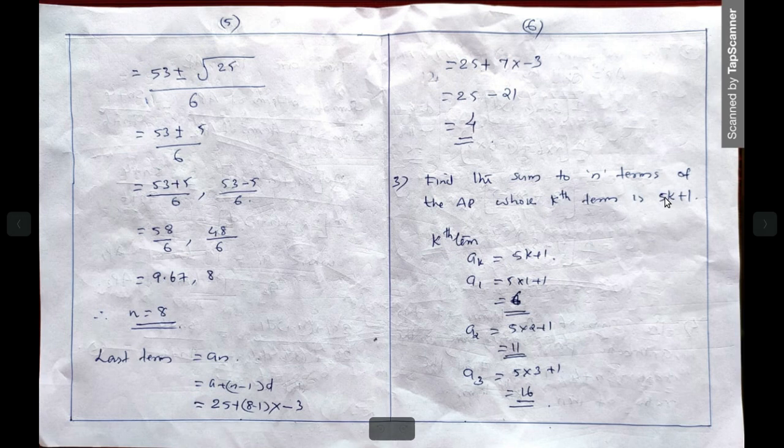Next question. Find the sum of 10 terms of the AP whose kth term is 5k plus 1. Here you are given the kth term, that is ak is 5k plus 1. When you replace k by 1, 2, 3, we will get a1, a2, a3. If you replace k by 1, then a1 is 5 into 1 plus 1, 5 plus 1, 6. Similarly, a2 is equal to 11, a3 equal to 16.